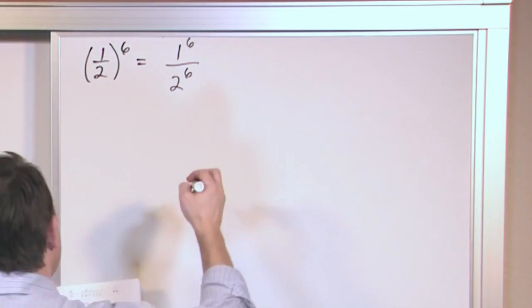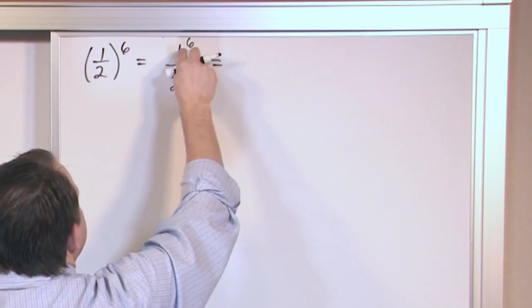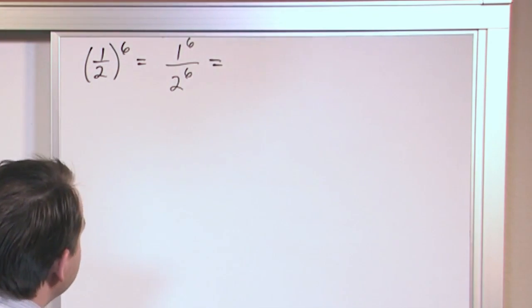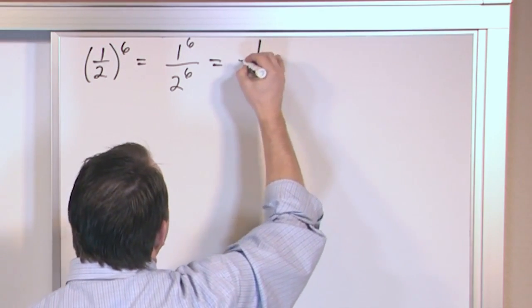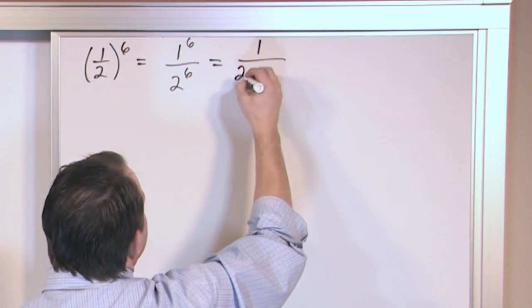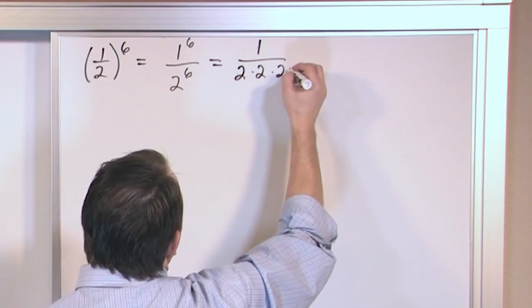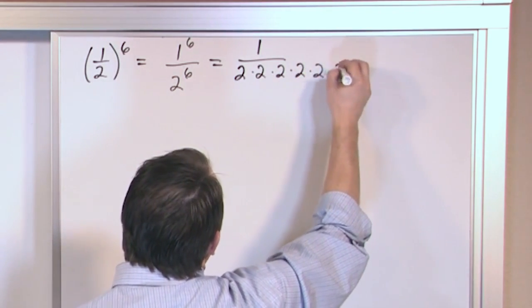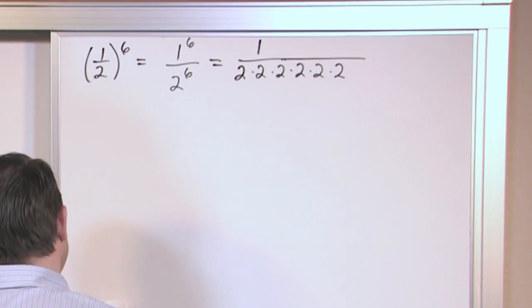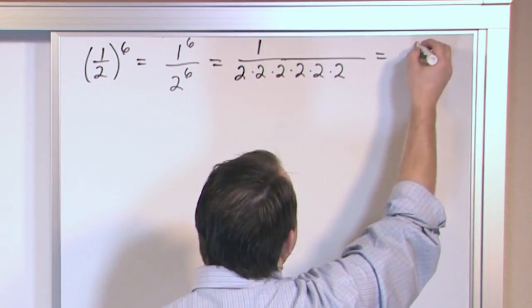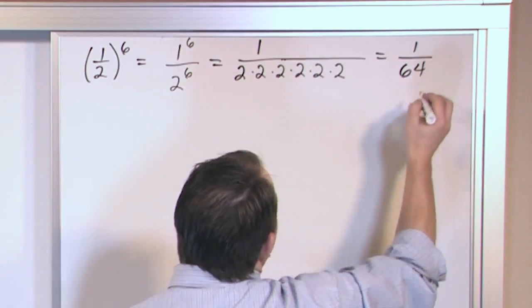On the top, what do you think 1 to the 6th is going to be? It's 1 times 1 times 1 times 1 times 1 times 1, so we get 1. On the bottom, let me write it out: 2 times 2 times 2 times 2 times 2 times 2, because we're multiplying the 2's together 6 times. And when you do that in the calculator, you're going to get 1/64.